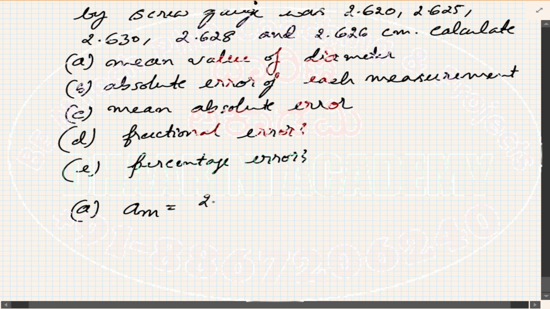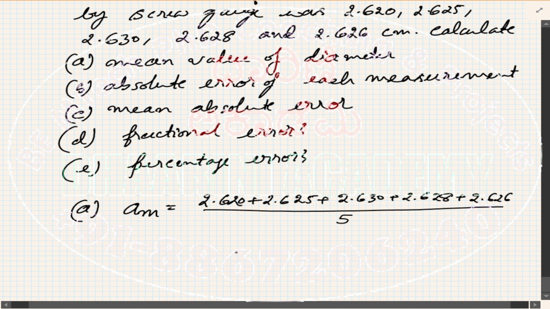So this is 2.620 plus 2.625, plus 2.630, plus 2.628, plus 2.626, whole divided by 5.